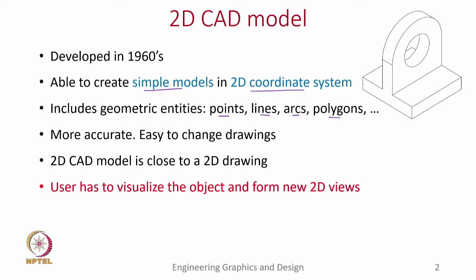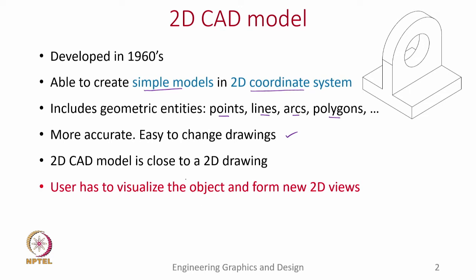The good thing about this is it is much easier to prepare drawings, and whatever we have prepared is more accurate. Later, if we want to modify a curve, it is much easier, because unlike drawing on a paper where you need to erase and have some markings left, here it is all on the software, so it is easy to, let us say, delete a line and create a new line.